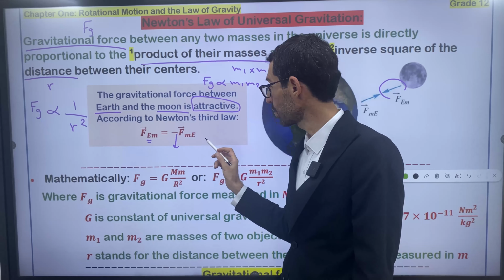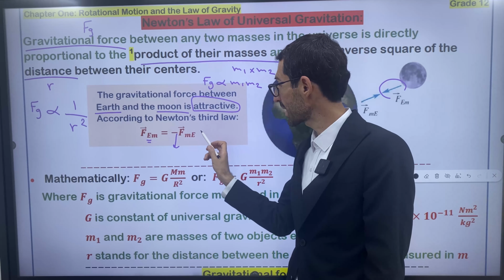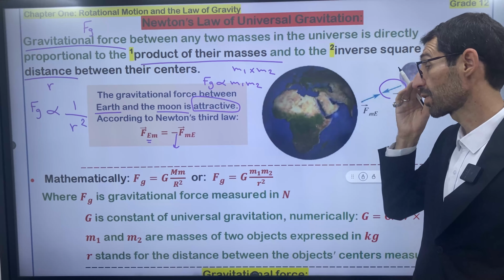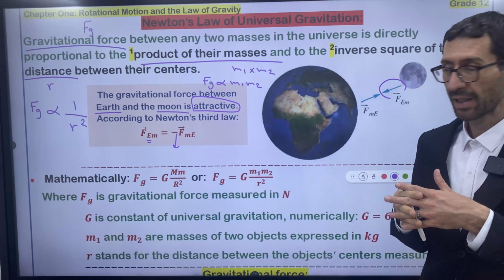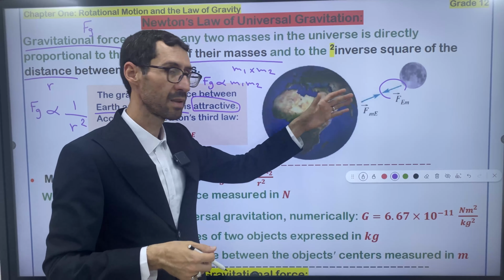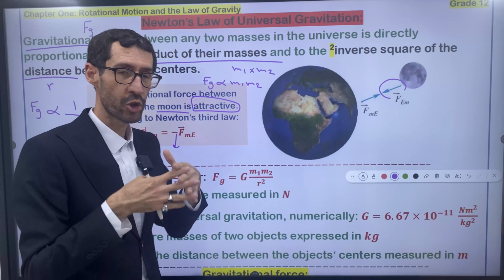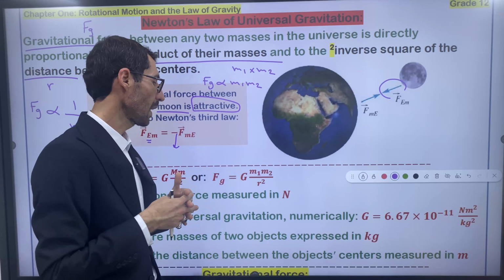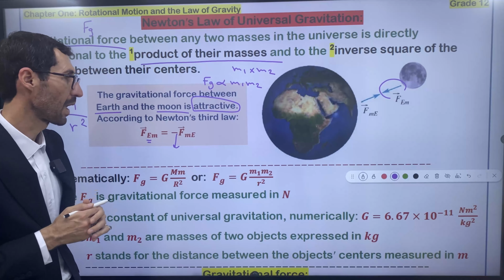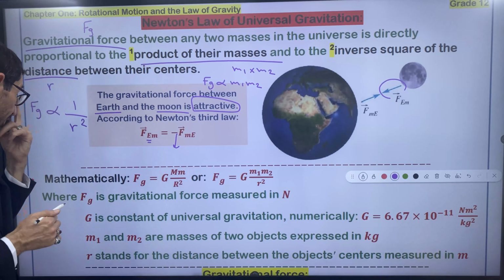FME means the force exerted on Earth by the Moon. They are interacting with each other. They attract one another, and this is about the universal law of gravity of Newton, right?